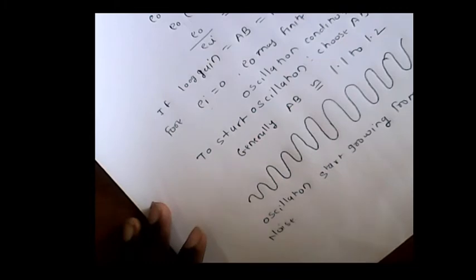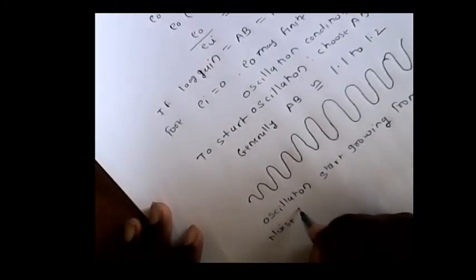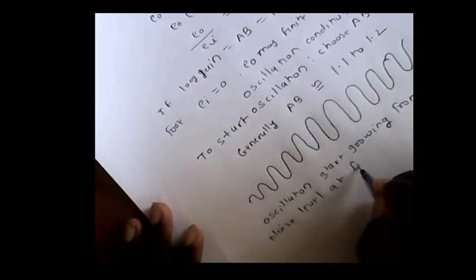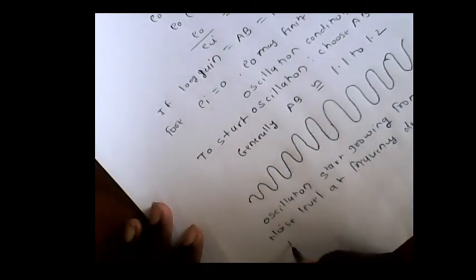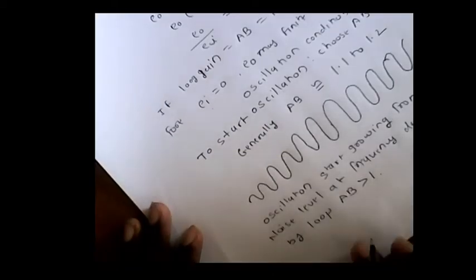Whenever the oscillation starts in the oscillator, there is a small noise level at a frequency determined by the loop gain, A beta, which is greater than 1.